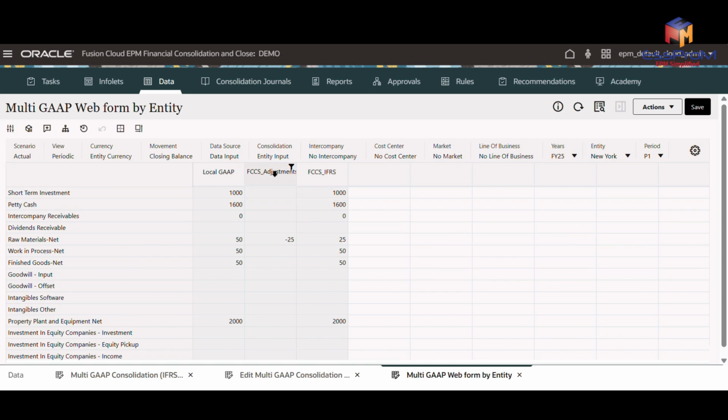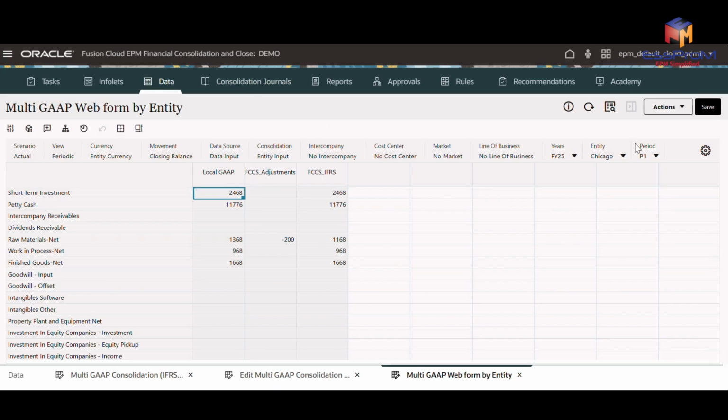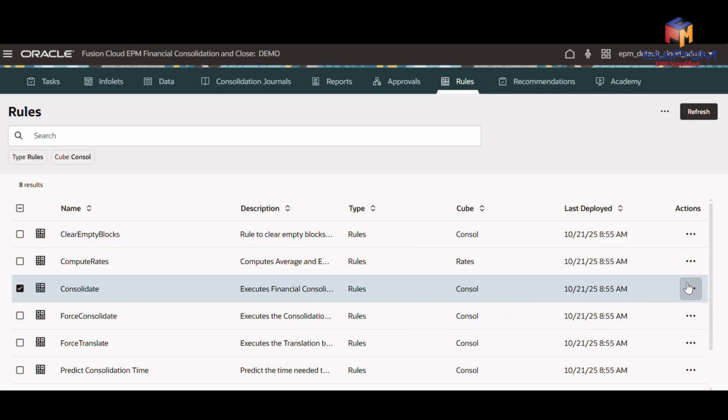We can see all the accounts and their adjustment passed to convert into IFRS on an entity-wise basis in this web form. This is for entity New York, and this is for entity Chicago, and this is for entity Surabaya. Now, let us run the consolidation rule.